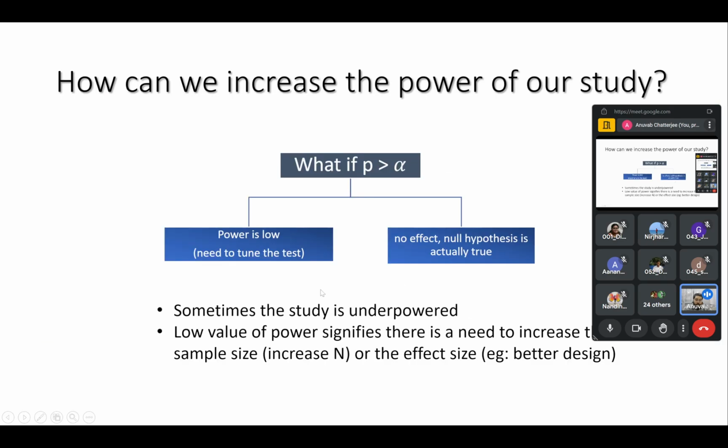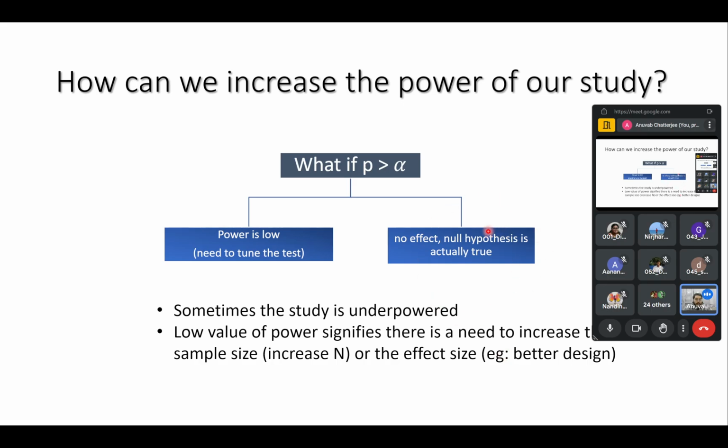So it could be that the null hypothesis is actually correct and you cannot reject it, or that the power of the test is low. So you have to somehow tune it, and that you do by either increasing the n's or the effect size. So you design your experiment better.